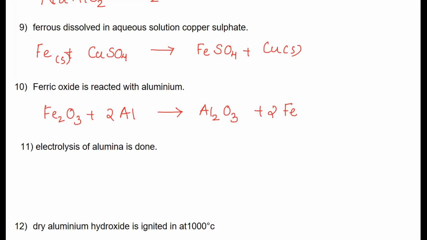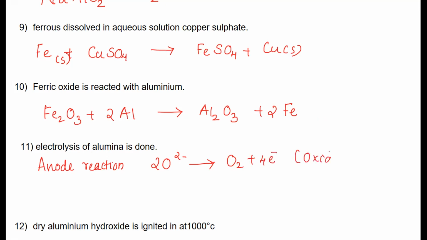Let us first write the anode reaction. 2O2- loses 4 electrons. Loss of electron is called oxidation. So at the anode, oxidation is taking place. This is the oxidation reaction.